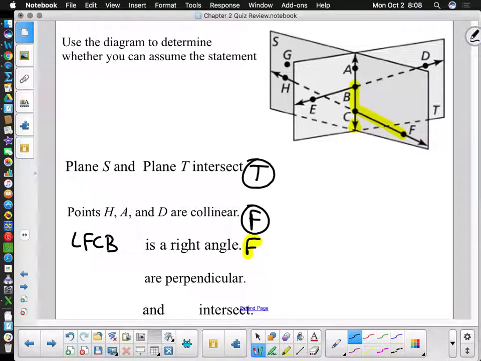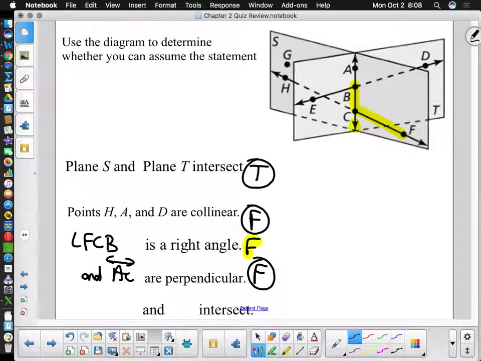Okay. Then it was blank and AC are perpendicular. Now, there was nothing written there, but did it matter if anything was written there? Is AC perpendicular to anything, according to this picture? No. So it's automatically false. I could say anything.